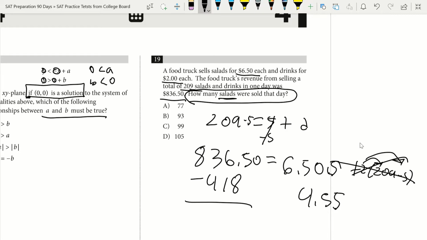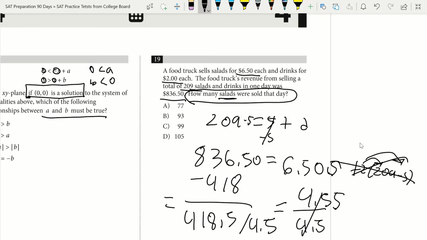We have 836.50 minus 418, which gives us 418.5, and then we divide each side by 4.5, and we'll see that S will equal 93. So 93 is our answer for S.